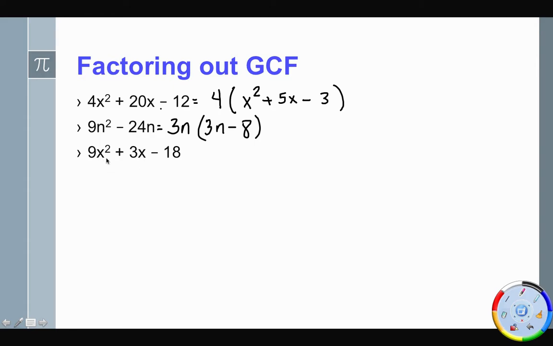Another one here, we have 9x squared plus 3x minus 18. We notice that all three of these terms have a common 3. So we're going to factor out a 3, and we get 3 times x squared plus 1x minus 6.